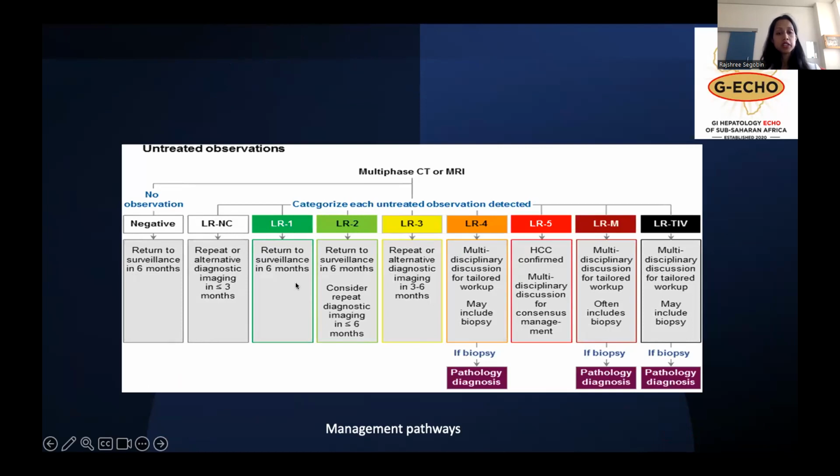If there is a benign lesion, so 100% probability of a benign lesion, they would also return to surveillance. Where there is clear-cut confirmation of HCC, or LI-RADS 5, we proceed to multidisciplinary discussion to have consensus on management. And when there is any doubt about the existence of HCC, we would proceed to discussion to include biopsy or non-biopsy.